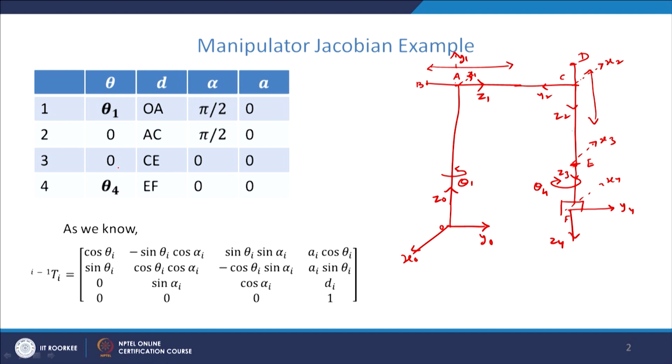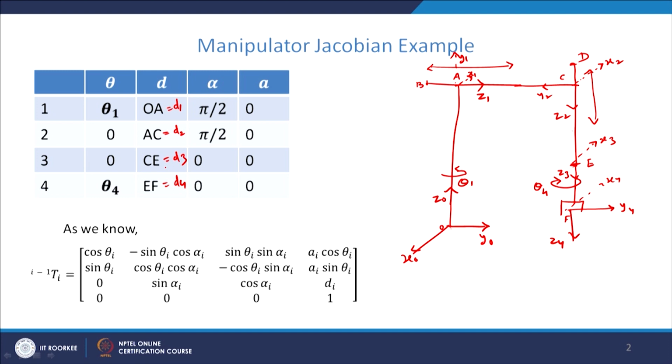So, the angles between them are 0, and the joint distance OA is fixed here, and AC is variable, the prismatic joint, AC is a variable, we call it D2, this is D1, and similarly CE is a variable, we call it D3, and EF is D4 here. So, D1 and D4 are constants, D2 and D3 are variables. So, there are 4 variables: theta 1, D2, D3 and theta 4.